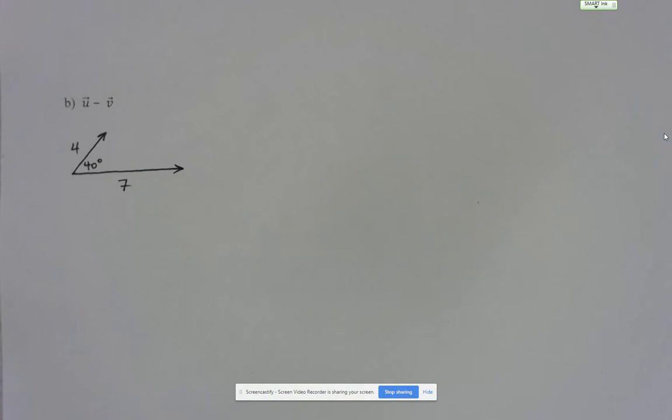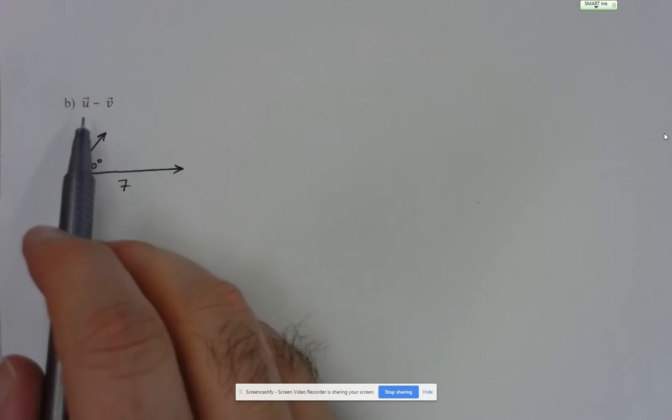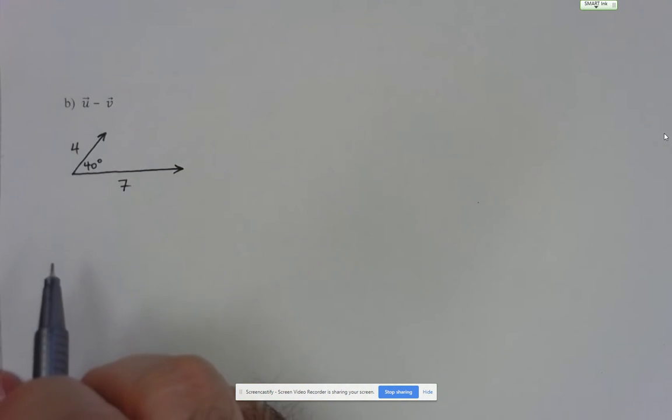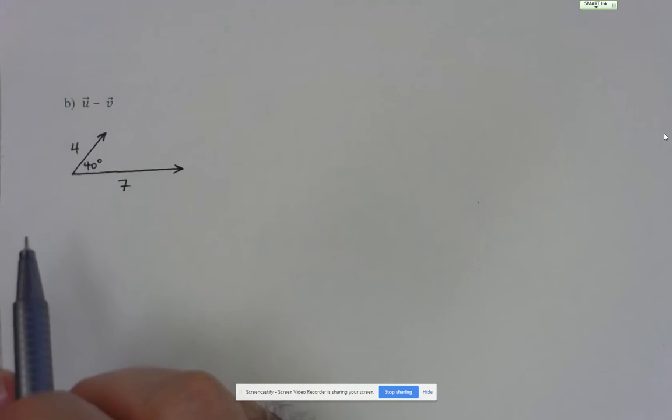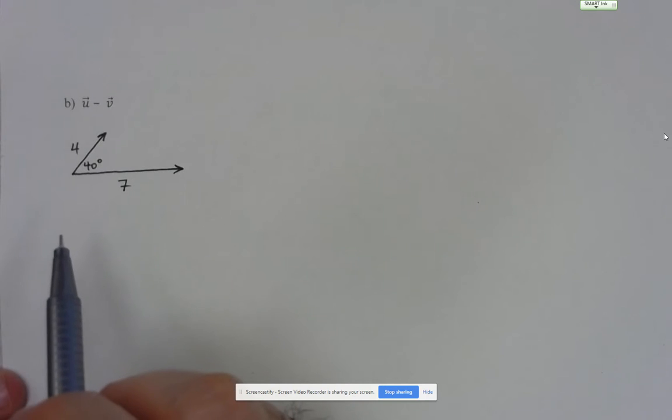Now, when you're dealing with vectors given explicitly, like you saw in number 7, you would probably do U minus V as U plus the opposite of V. But since the information is given with the vectors tail to tail, I'm going to use the other interpretation of the difference between the two vectors.